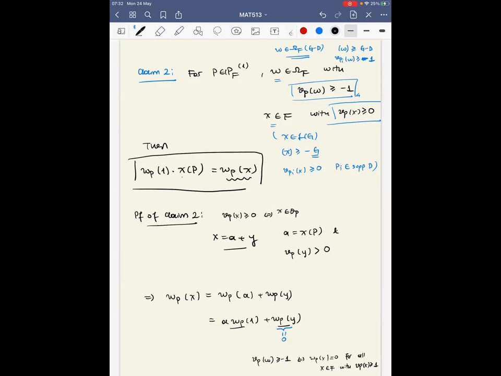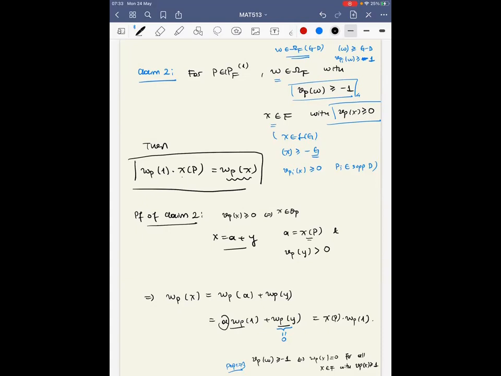Like again, in prop 173, this is the statement, prop 173. And in that, by replacing a by xP, we can see the desired equality.